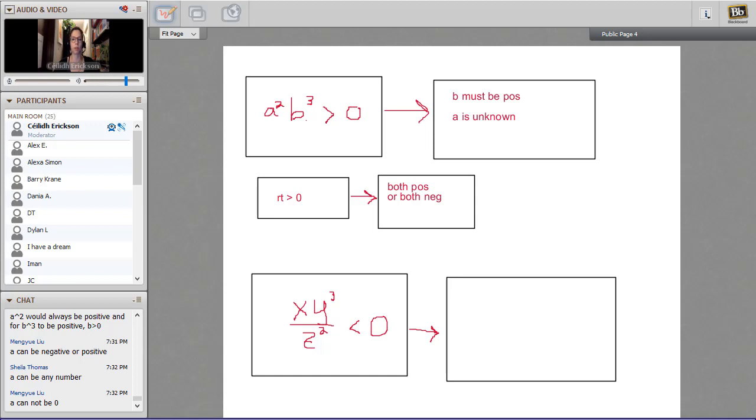How should we interpret this? We've got this fraction that is less than 0. In other words, a fraction that's negative.